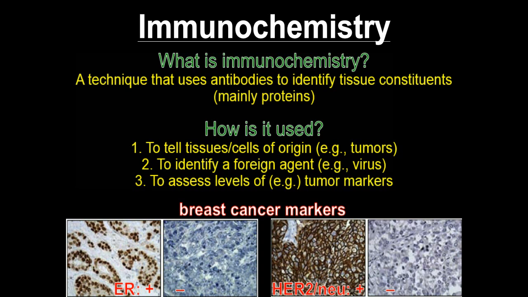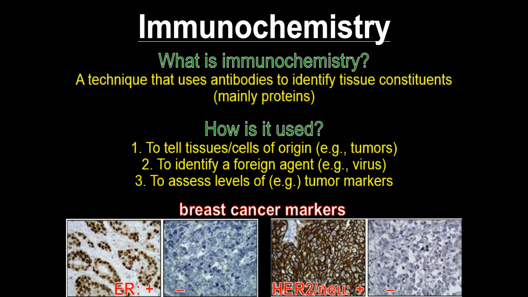I use these here to illustrate this particular point for breast cancer. Breast cancer, as you all probably know, is analyzed for certain substances that the tumor makes that may be attacked therapeutically by different kinds of medications or agents.